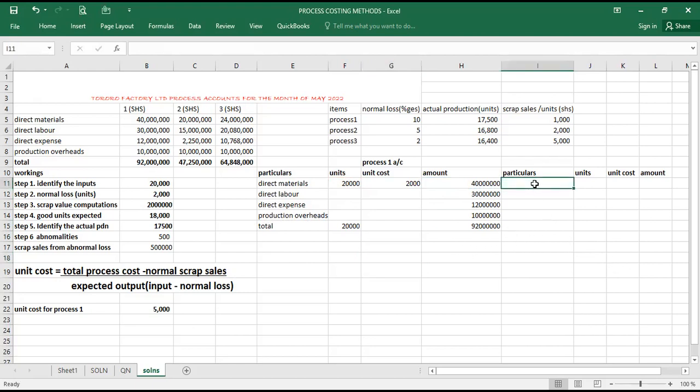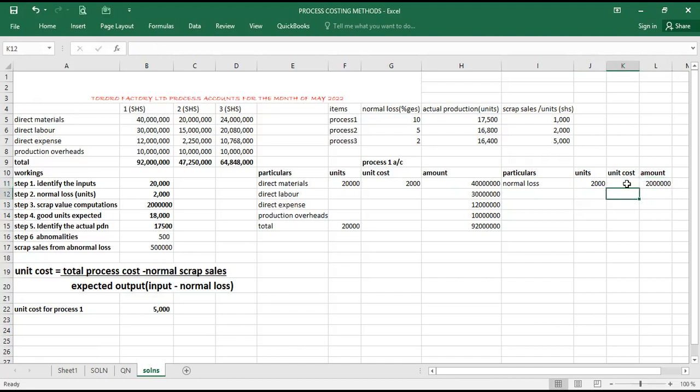So now we are transferring. We have to first write the normal loss. But the normal loss we are taking in units and in terms of the cost. The cost was 2 million. 1, 2, 3.